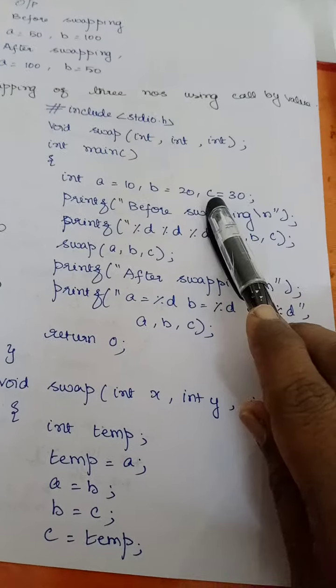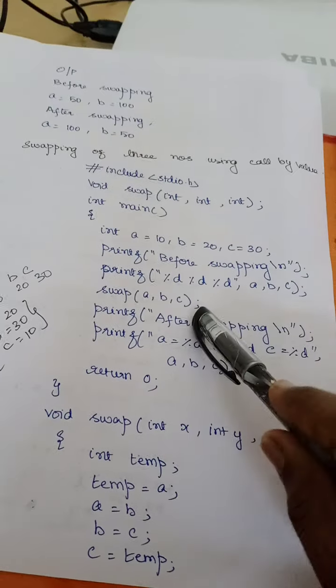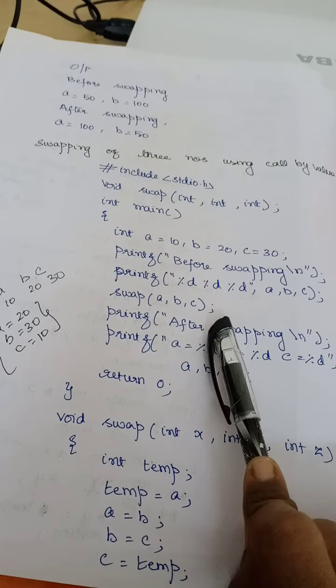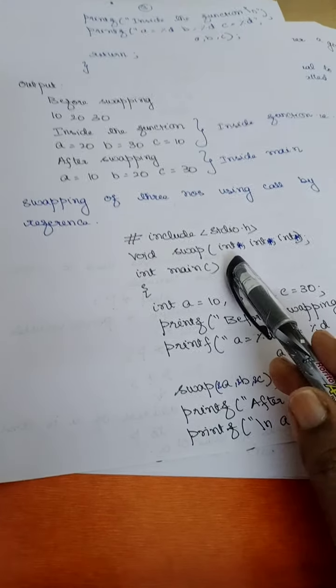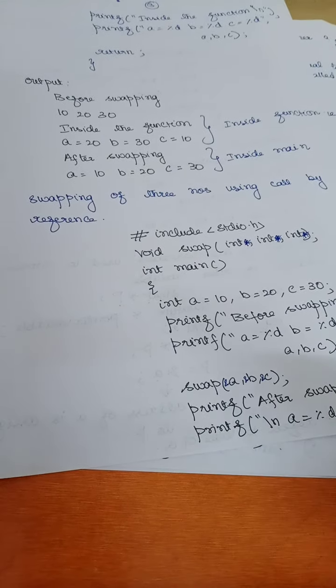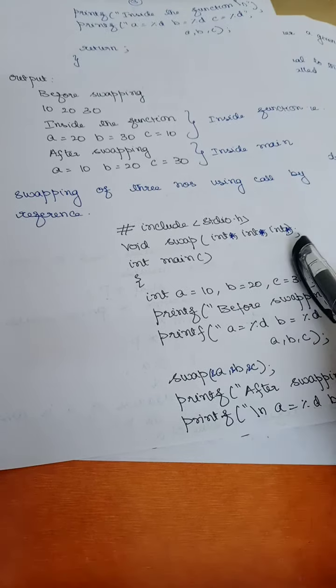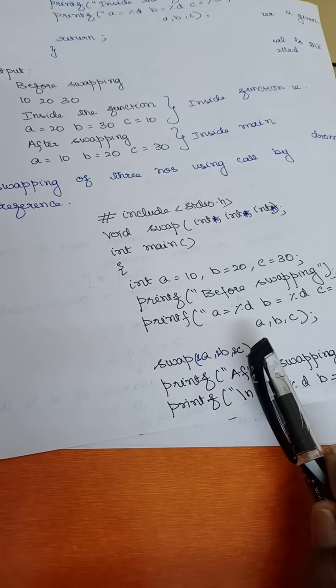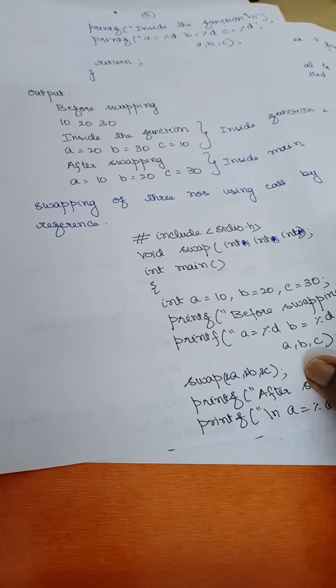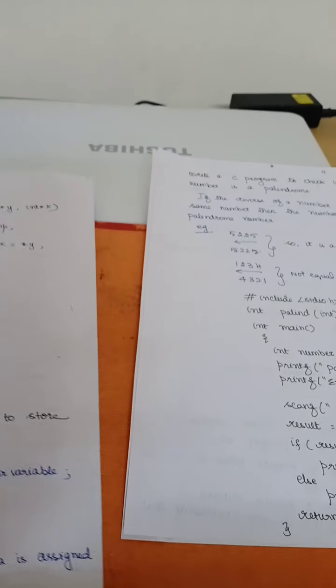Again, in call by value the changes will not be reflected in your main program. So we have used call by reference. So again I have int star, which is the pointer variable, and here I have to write ampersand A, ampersand B and ampersand C. In the same way we have done it.